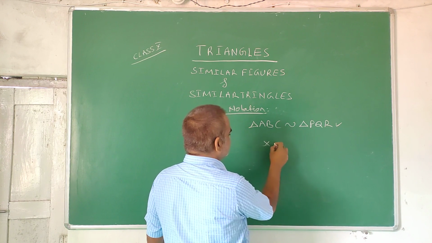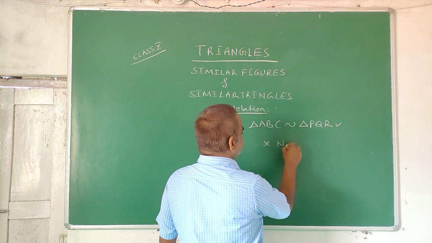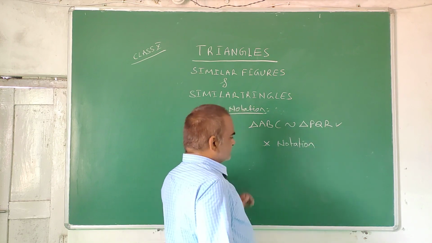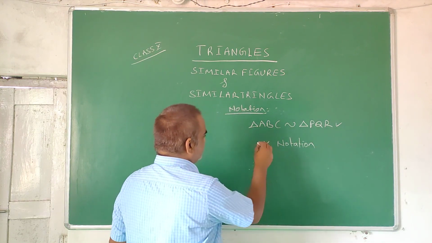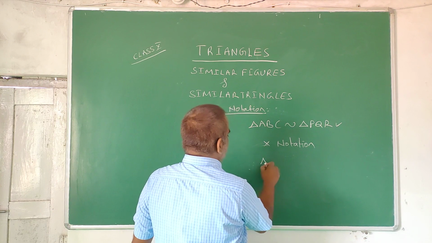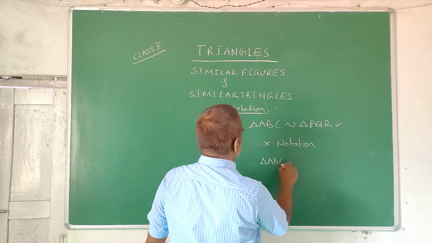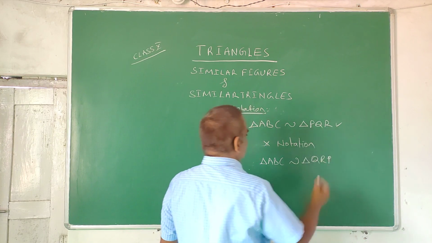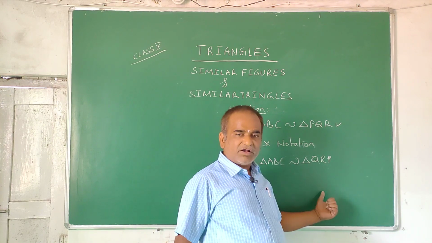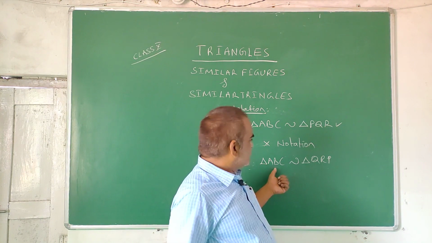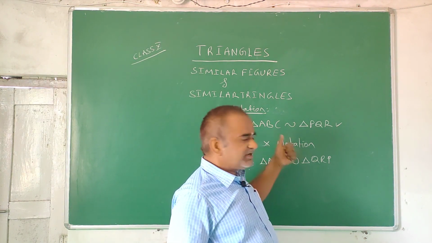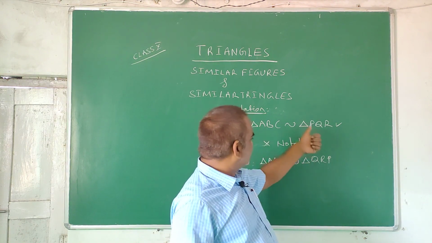Now I am writing wrong notations also to make you clear. The wrong notation is triangle ABC is similar to triangle QRP. If you have written that, it leads to wrong. See, you should be very particular in mentioning the order. So it is most important in similar triangles.